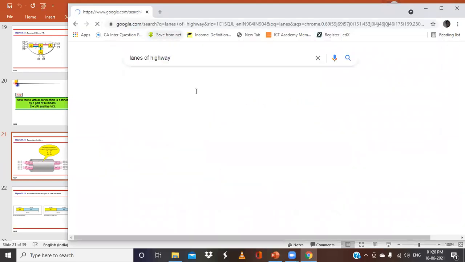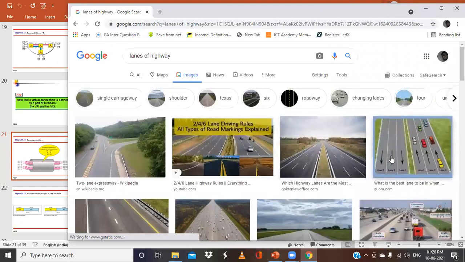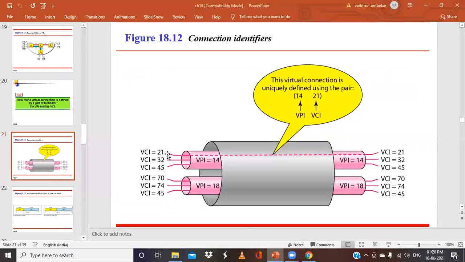So if you consider this, you will get to know. These are the lanes. When you select one highway, inside that again there will be lanes. So it is similar to that, and those are nothing but the VCIs. Are we getting it?